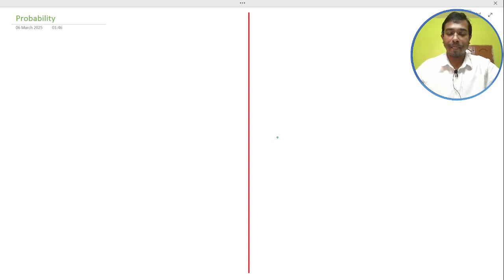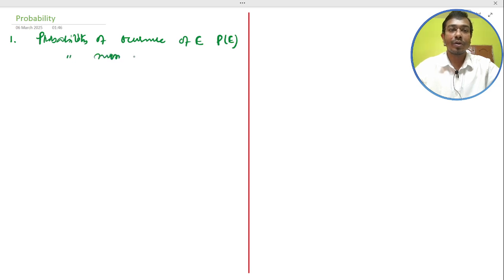First of all, in probability, the probability of occurrence of an event E is defined as P of E, and the probability for the non-occurrence is P of E bar.